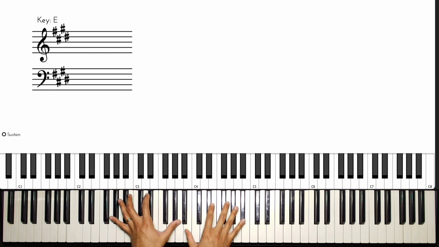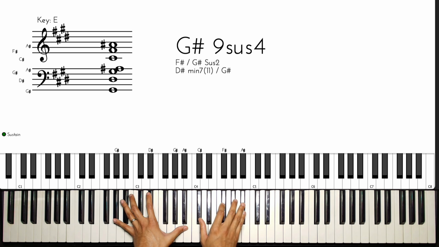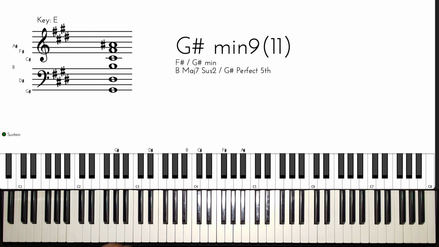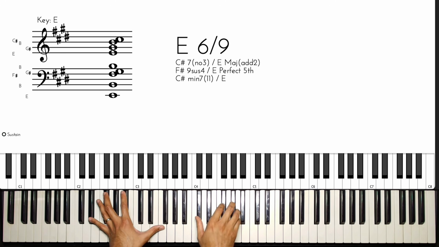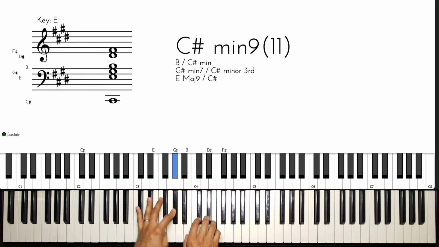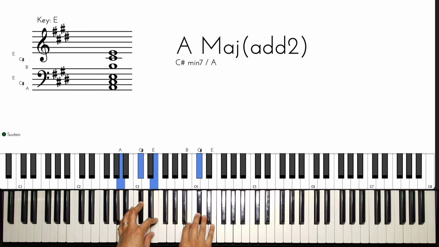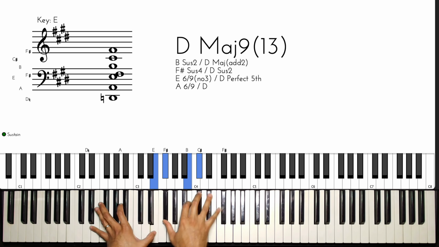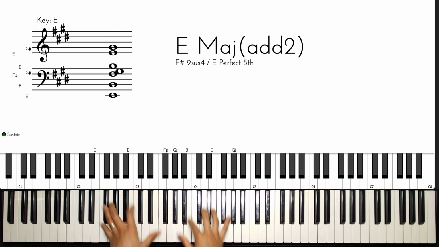But in this 3 chord, we incorporate that note to form this G sharp minor 11 type of sound. So we had, right, and from here we go into the chorus of the song.